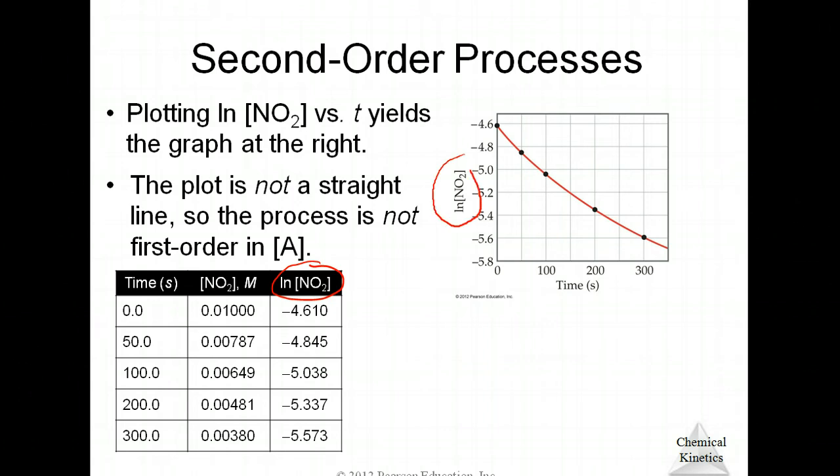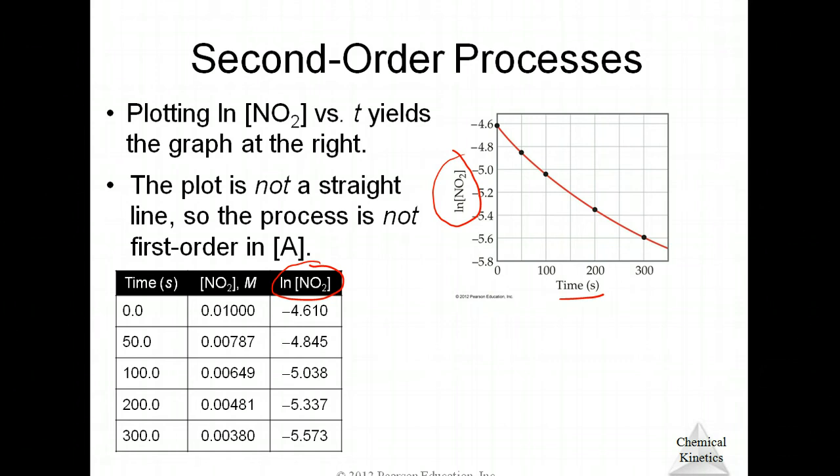So I put it into a natural log and I graph out the data versus time, and I get this graph that isn't straight. So nope, that reaction was not a first order process.